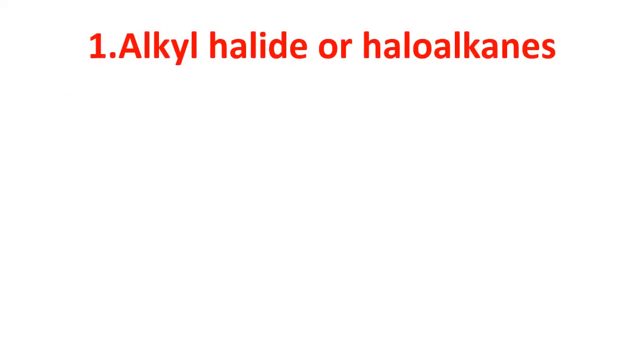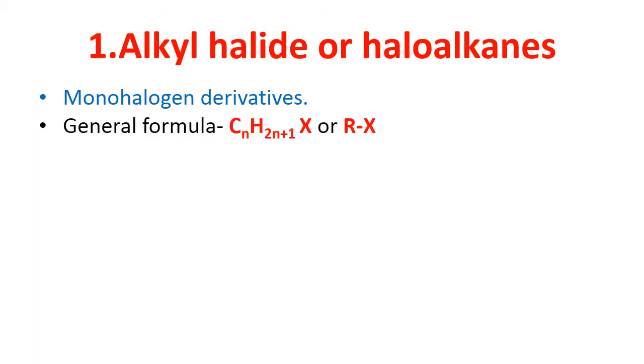First we will talk about alkyl halides, also called haloalkanes. These alkyl halides are monohalogen derivatives and they are represented with the general formula CnH2n+1X, or also represented as RX. In this case R is an alkyl group and X is a halogen atom, such as chlorine, bromine, iodine and fluorine.